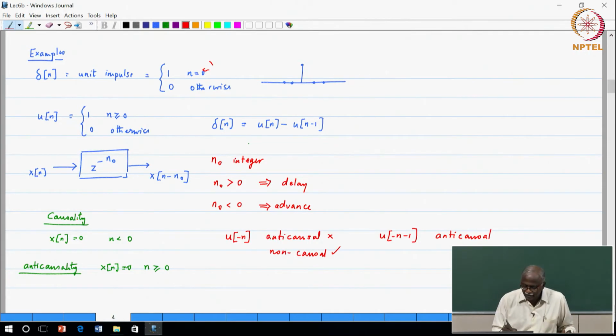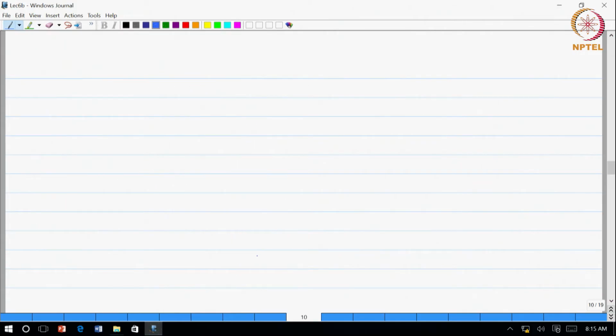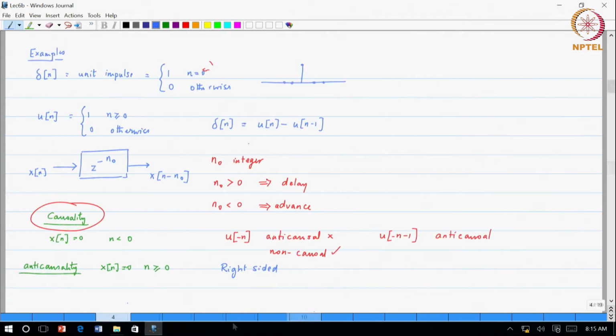Now, relating to causality is another property which is called right-sidedness. Right-sided is in a way a generalization, and this one says that x of n is equal to 0 for n less than n naught, and n naught can be positive or negative.